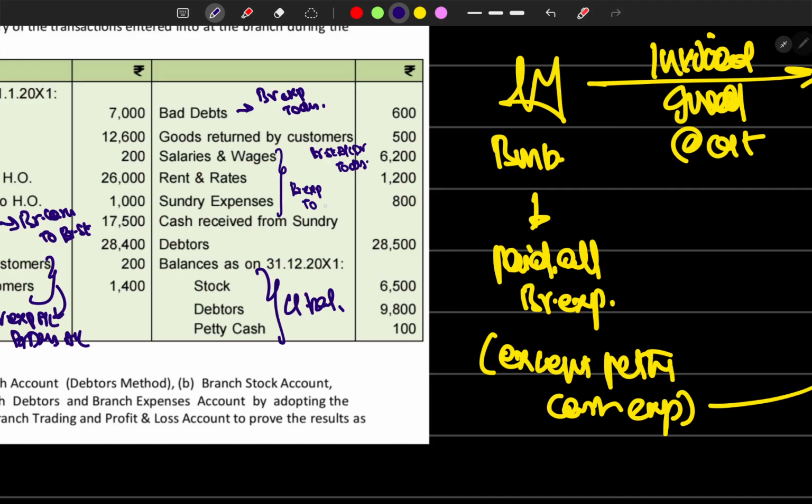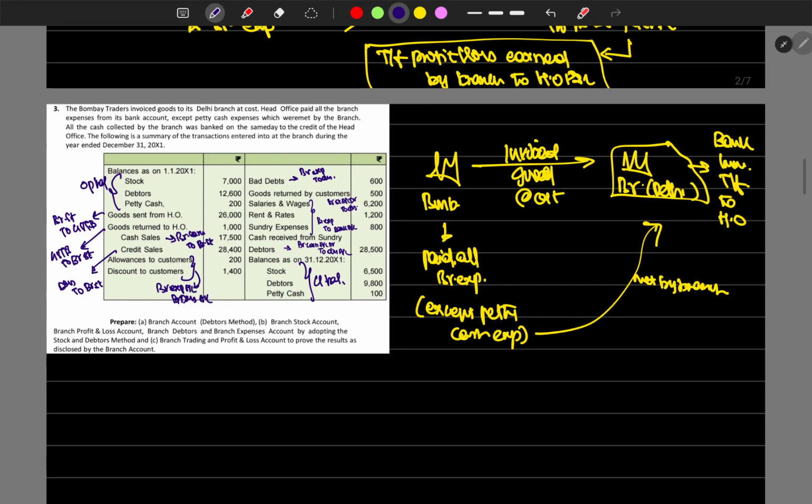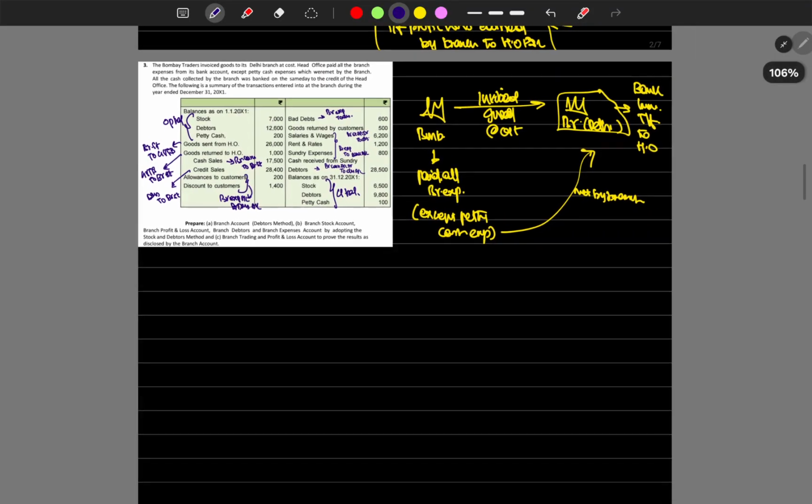So this has to be bank account. Head office will pay. Cash received from sundry debtors: branch cash account debit to debtors. That's it. We are fine. Okay, now let's quickly number the questions.